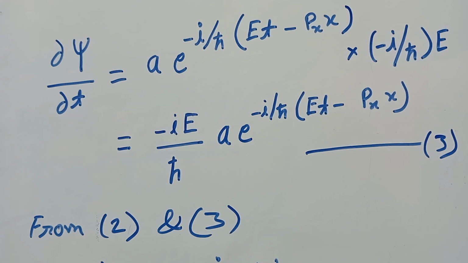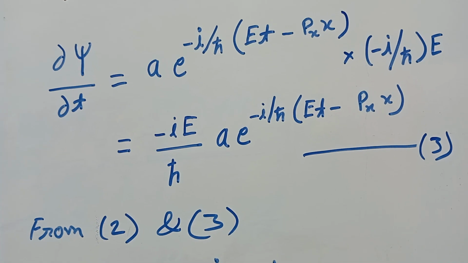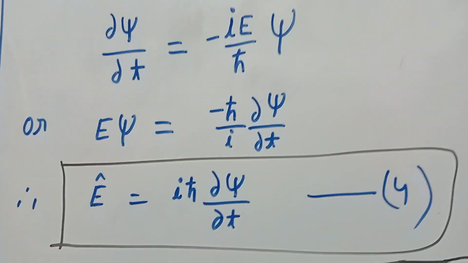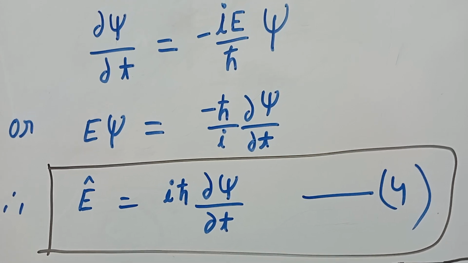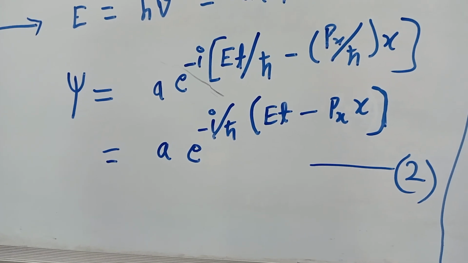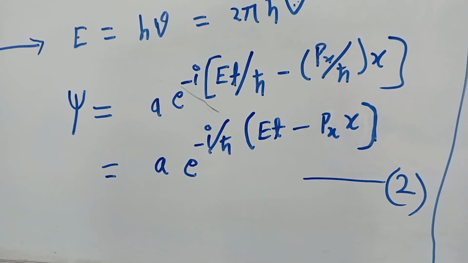Therefore, by differentiating the function psi partially with respect to time, we got the energy operator. Similarly, if we differentiate this wave function with respect to x, we will get the momentum operator.